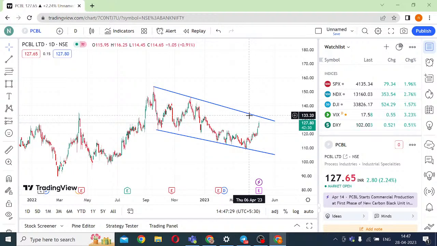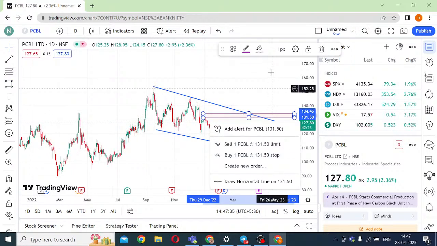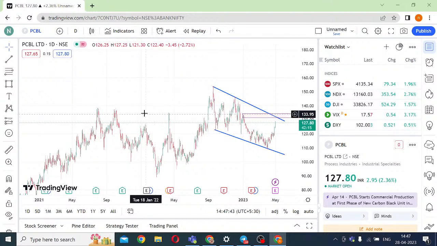This area should give some resistance, but I'm assuming this one would be a cash market pick for you, as in you would have taken it from a long-term standpoint. The chart overall looks good, but around 130 to 135, it will face resistance.